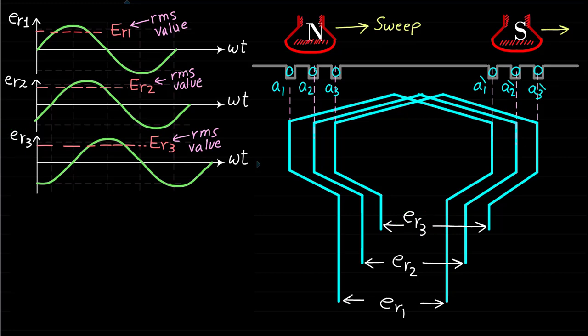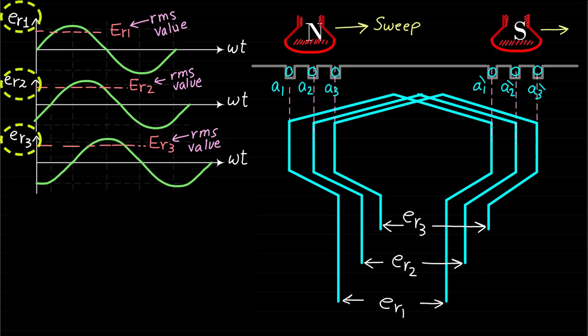It should be noted here that the induced voltages ER1, ER2, and ER3 are represented by pure sinusoidal waveforms because we assumed that the rotor magnetic field distribution is a pure sinusoidal distribution. Now pay attention to this important point.